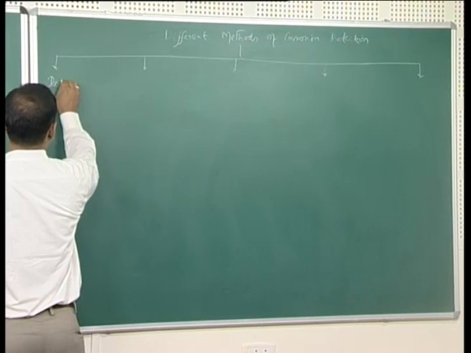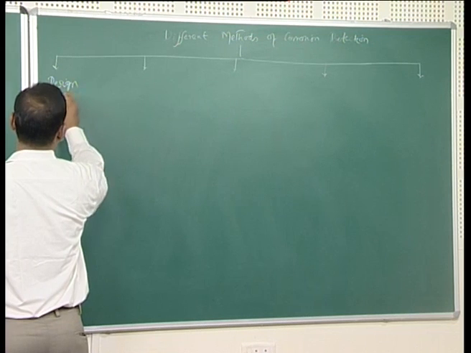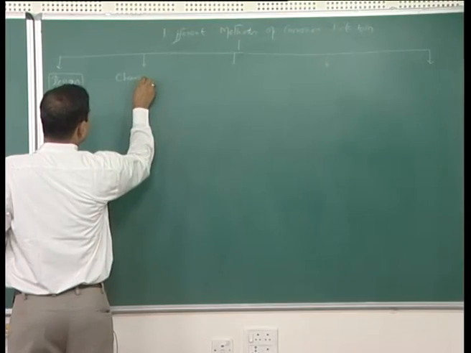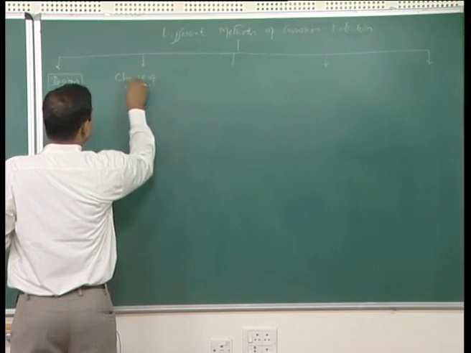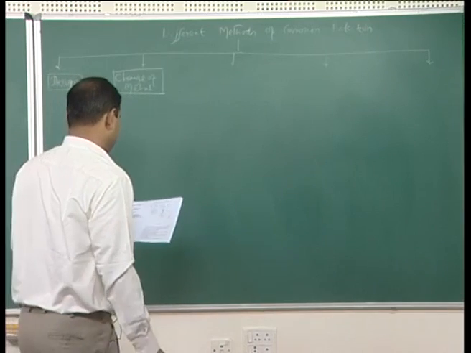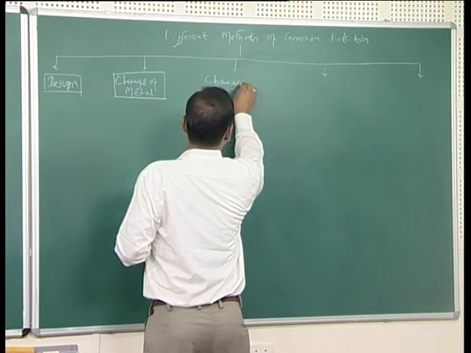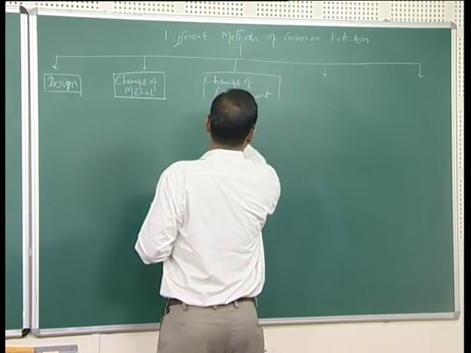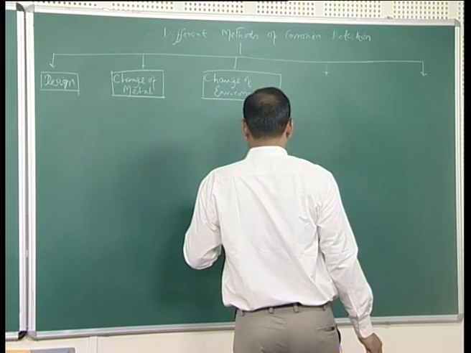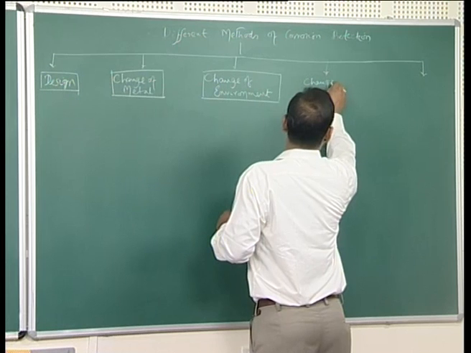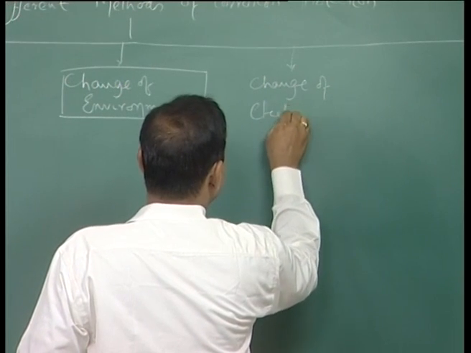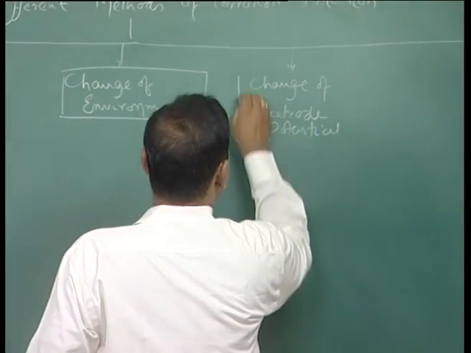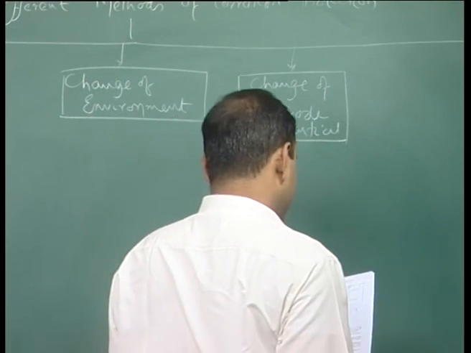One is design of equipment, second is change of metal, then change of environment, then change of metal electrode potential, and then you have use of coating.